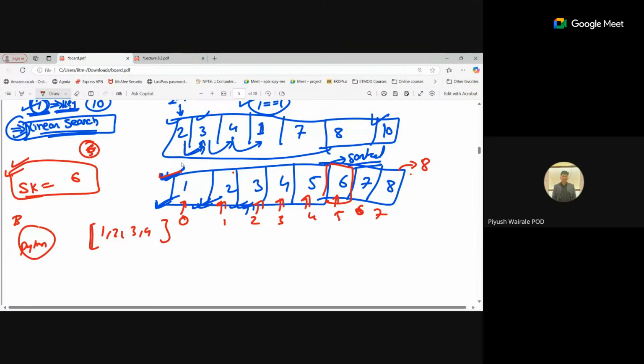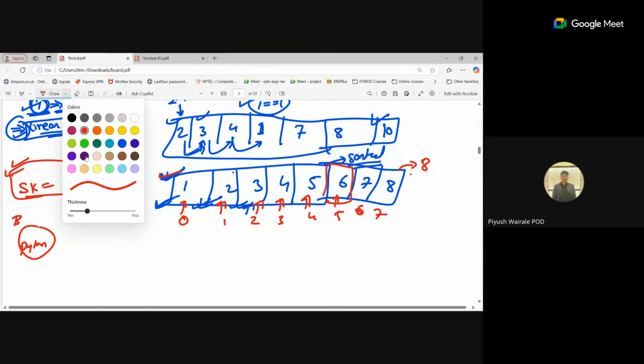In an array, all the elements should be of the same data type. In a list, we can have different data types, for example 1, then A, B, then 2, like that. So in Python, this list can be considered as an array as well. Don't get confused here. As of now, just understand that an array is of fixed size and a list is dynamic in nature. Okay, that's it.